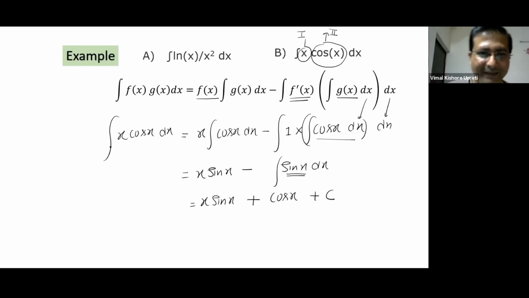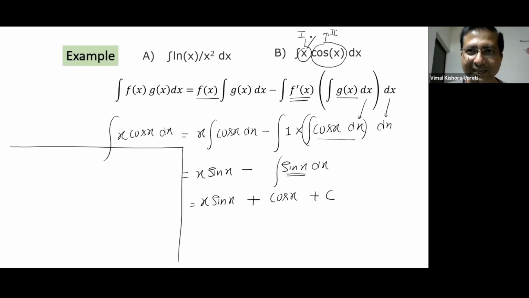If I try the same thing by assuming this as second and this as first, then according to the formula, this is cos x into x dx. This I am assuming first.